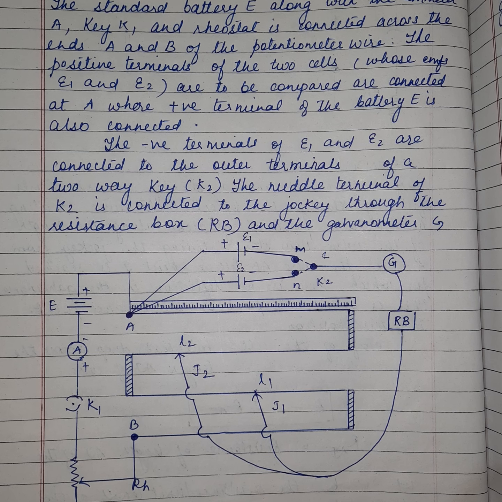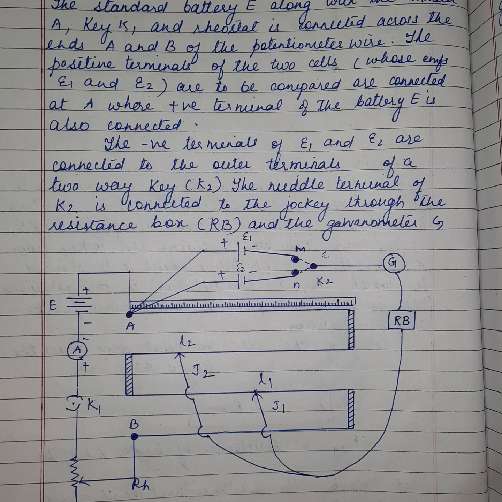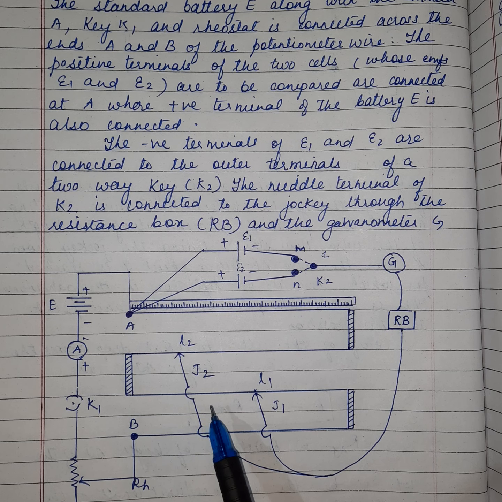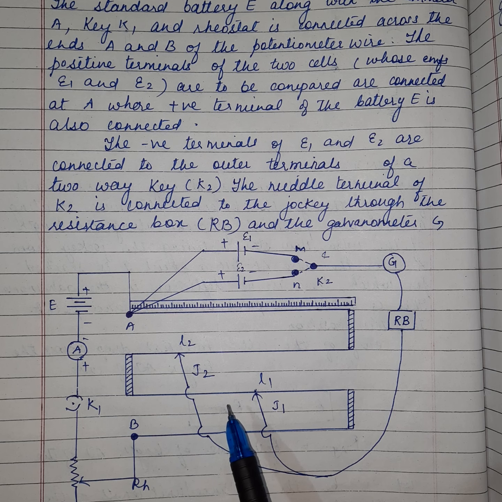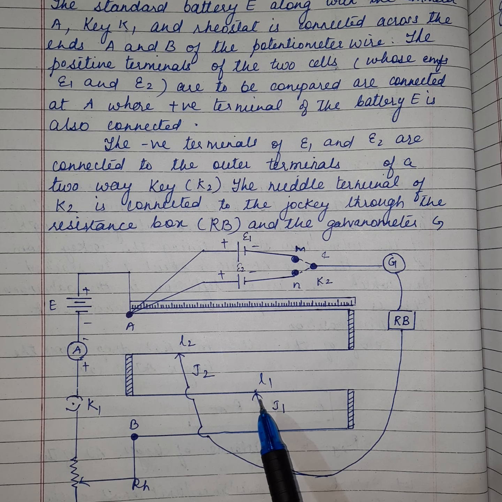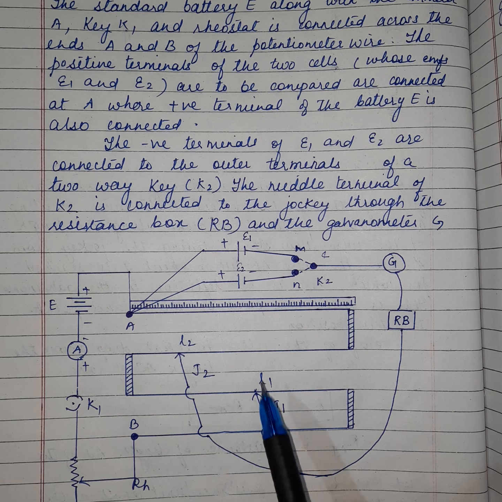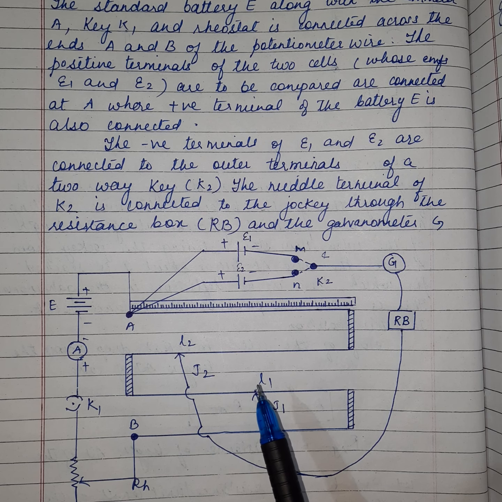Now the voltage drop across the length AJ1 of the wire will be equal to the potential epsilon 1.